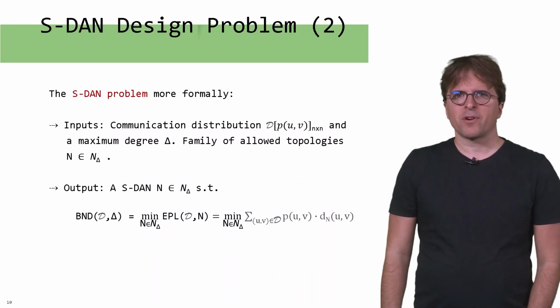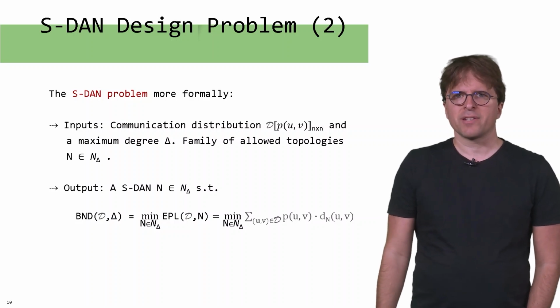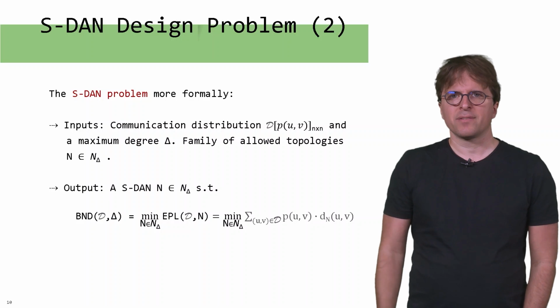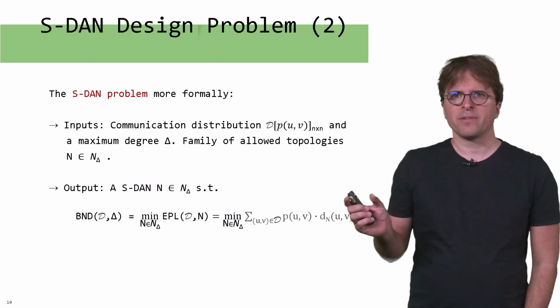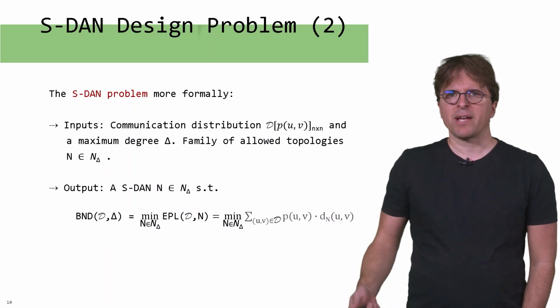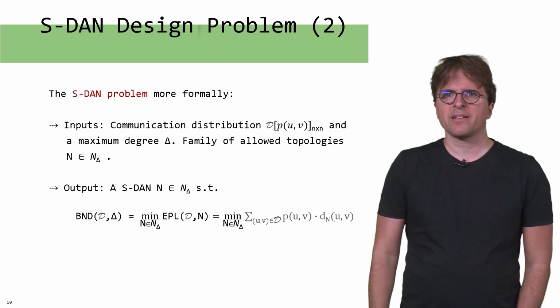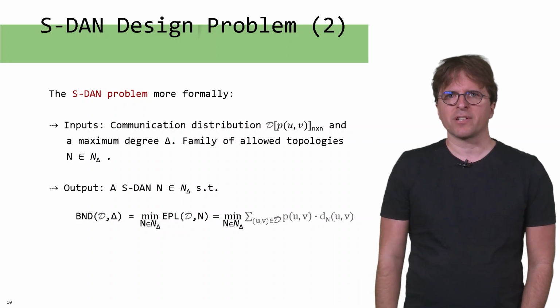So more formally, the input to this static demand-aware network design problem is a communication distribution, D. We describe it with the probability p(u,v) between U and V. And a maximum degree delta, meaning the topology we want to design should not have a degree larger than delta.